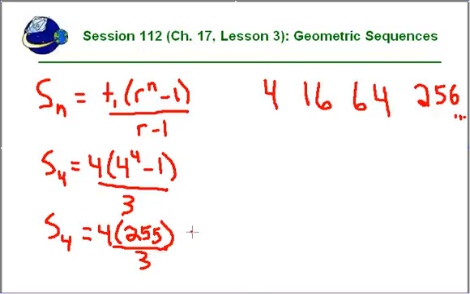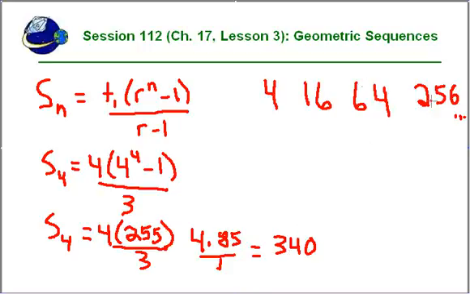So we could rewrite this as 4 times 255 divided by 3 is 85. And then on the bottom, we just simply have a 1, because when we cancel out the 3, we're left with the 1. Well, 4 times 85 equals 340. So the sum of our first 4 terms in this geometric sequence is 340.